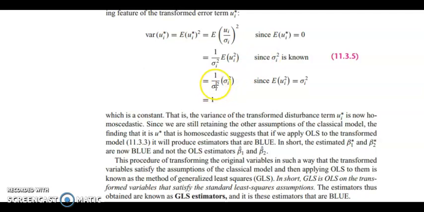But then this denominator cancels out with sigma i squared, and therefore the variance of u_i star is 1. Previously our variance of u_i was heteroscedastic, but now our variance of u_i star is 1, which is constant. So from heteroscedasticity we get a homoscedastic variance, meaning the procedure of WLS or GLS transforms the model from one whose estimators are not BLUE to one whose estimators are BLUE.